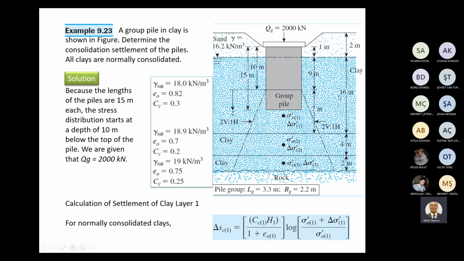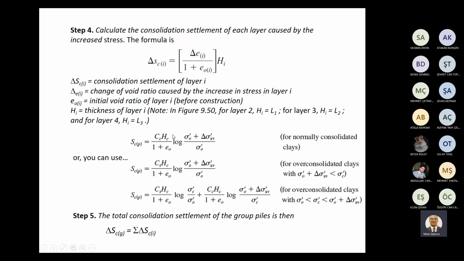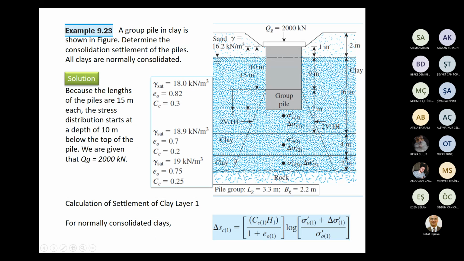We have 1, 2, 3 clay layers, and all clay layers are normally consolidated, so we can use this equation, normally consolidated clay equation. Parameters are given for every layer: unit weight, initial void ratio, and C sub C, consolidation index.